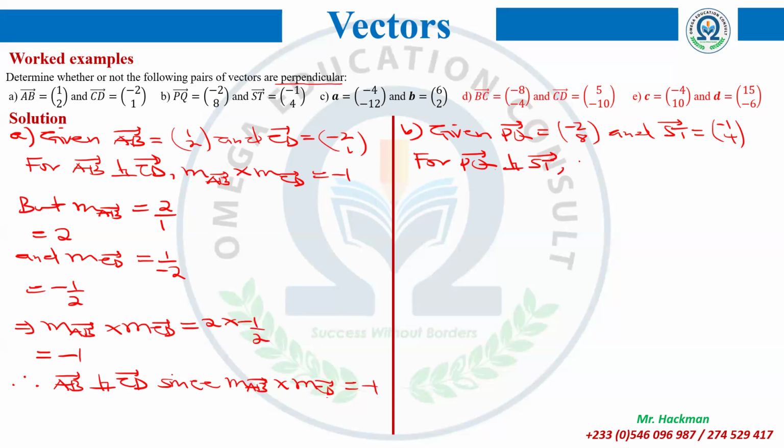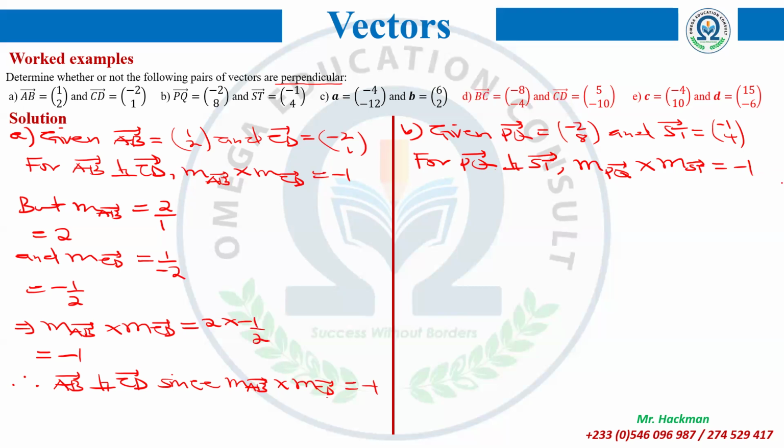So I get m_PQ, which represents the gradient of the line of vector PQ, times the gradient of the vector ST, should be equal to -1.